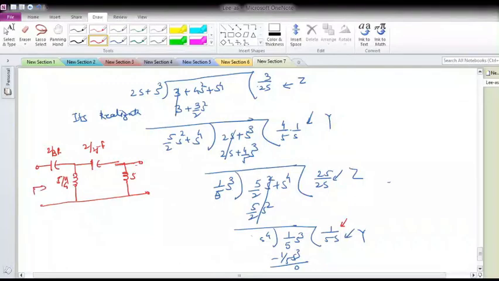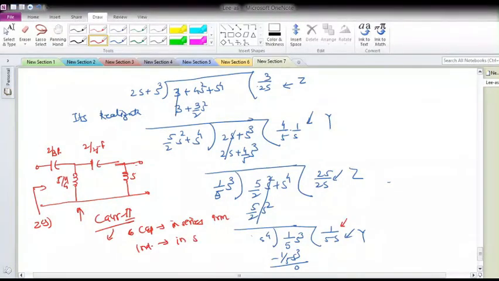So this is the realization of our Z of s, and this form is called Cauer 2. In Cauer 2, the capacitor is in the series arm and the inductor is in the shunt arm, or parallel form. This is the only difference.